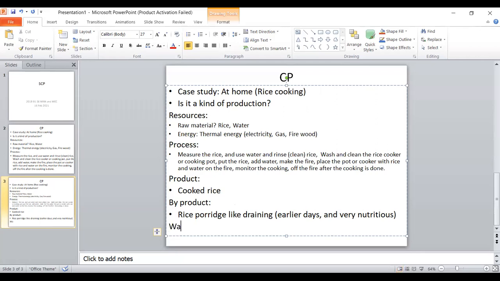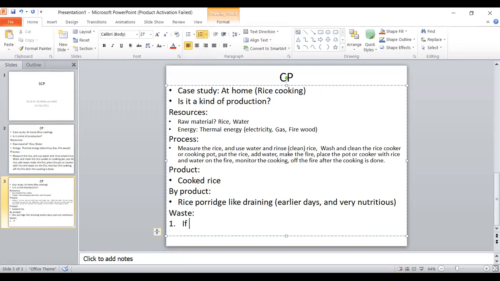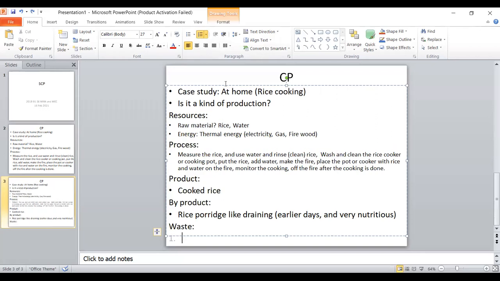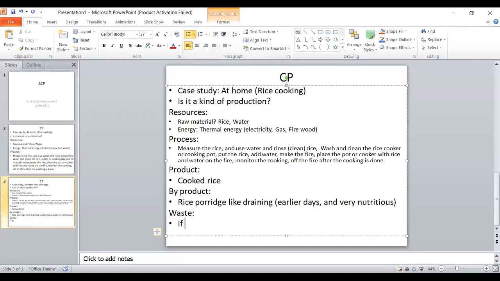Can there be waste? Yes, if carbonizing happens at the bottom, this is a waste.